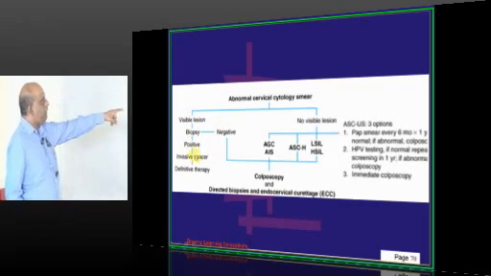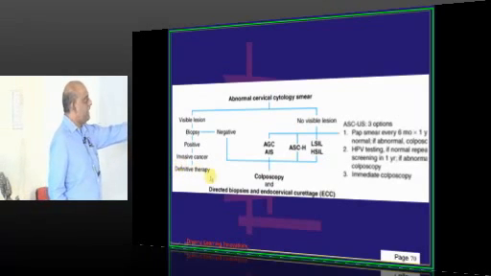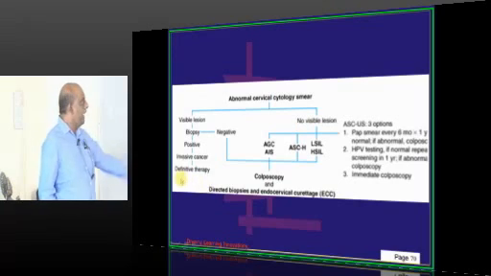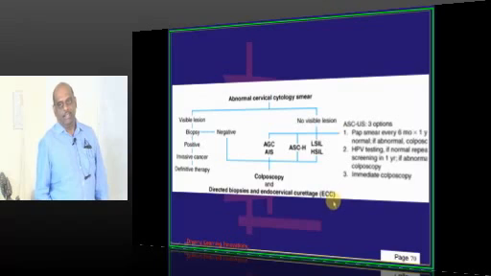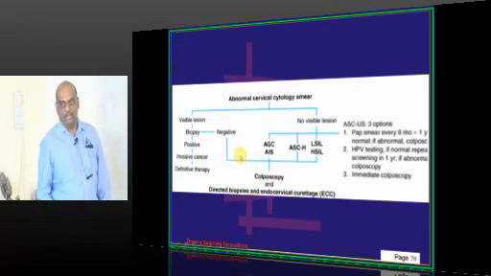If it is positive, then look at the degree of invasion, and then initiate definitive therapy. Suppose it is not visible but abnormal cervical cytology is there, then you need to do a colposcopy and directed biopsy, and endocervical curettage is considered the important indication.